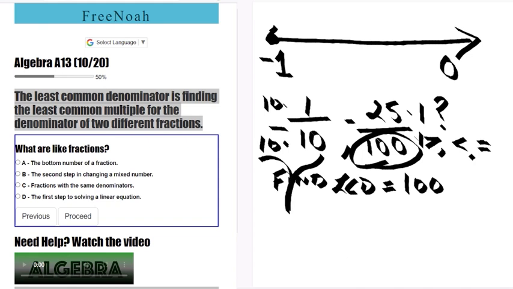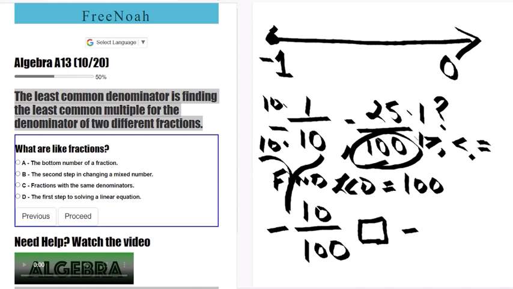So rewrite this statement as -10 over 100. Okay, draw a box here, and then we're going to multiply 25 by 1, giving us -25, and multiply 100 by 1, which gives us 100 in the denominator. The second fraction ultimately is -25 over 100.